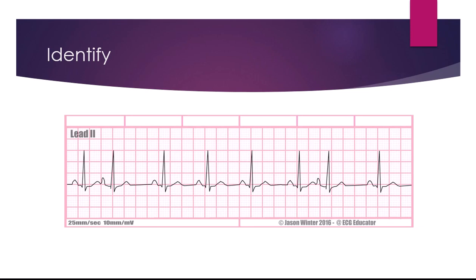When you have a premature beat, you're always going to have an underlying rhythm. So if we were to take this QRS complex out and this QRS complex out, and it were to be regular all the way across, Haley, what would you call this rhythm?